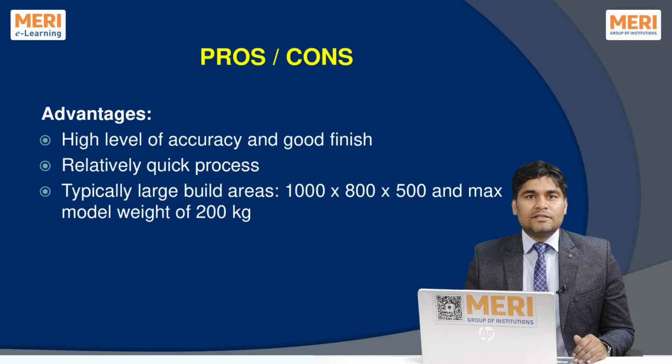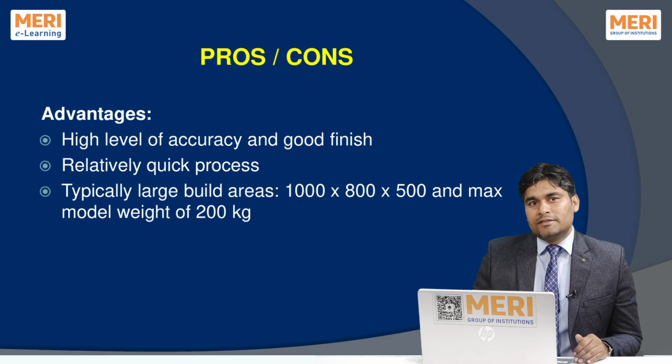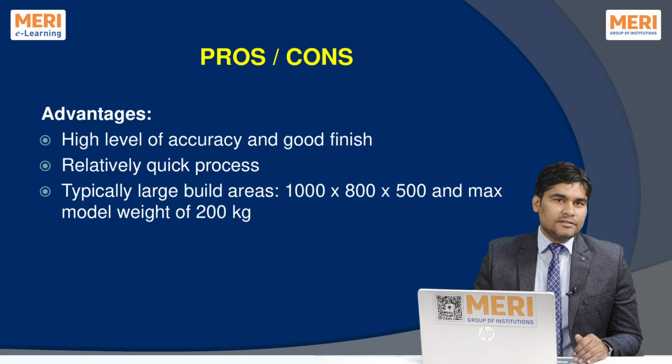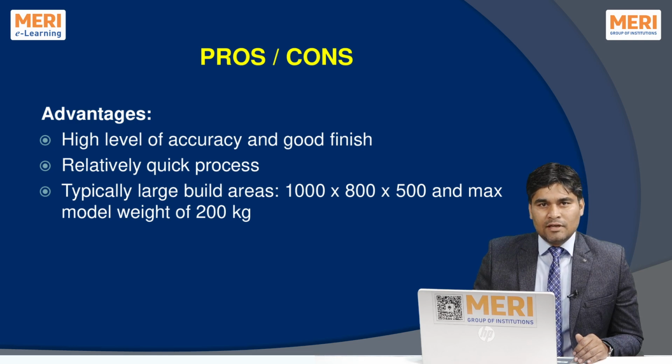Now let us discuss some advantages of wet photopolymerization. This process provides a high level of dimensional accuracy and excellent surface finish, which makes it suitable for precision components and detailed prototypes. It is also a relatively fast manufacturing process, especially for complex geometries that are difficult to produce using conventional methods.